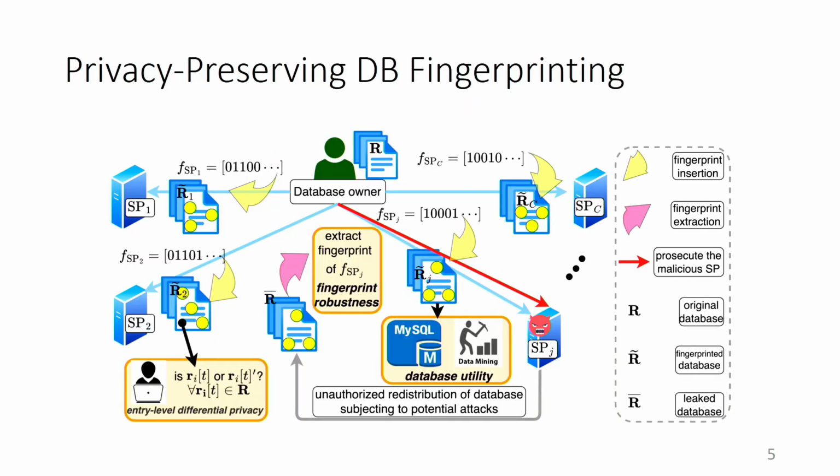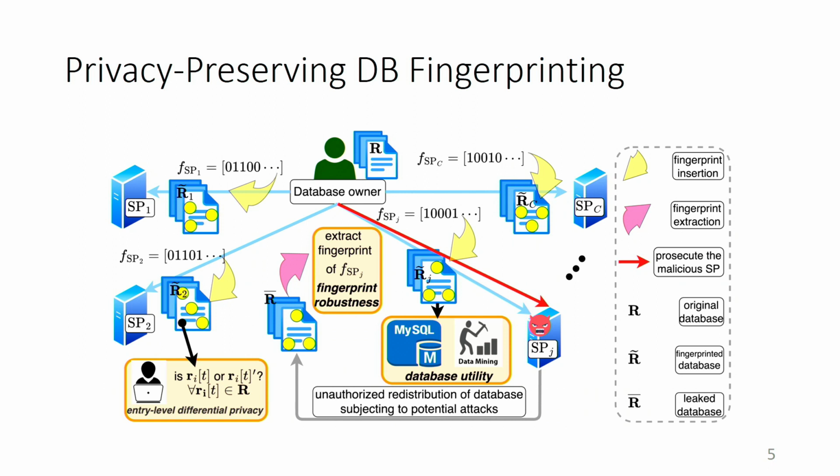So this is the overall workflow of our scheme. We have database owner. She wants to share different copies to different service providers. And when she shares the database, she will insert some unique fingerprint marks into the dataset. These marks are random binary bits. And the fingerprint insertion process is done by changing different bits value at different locations.